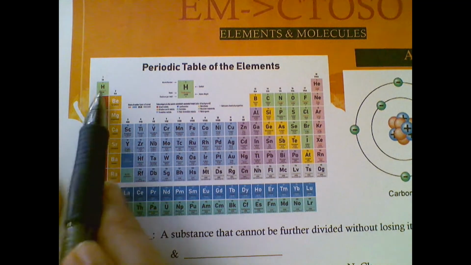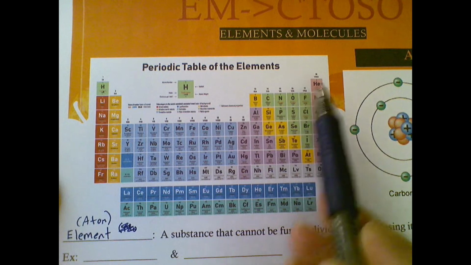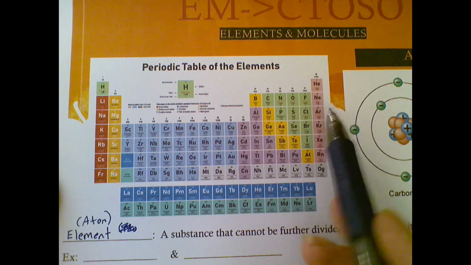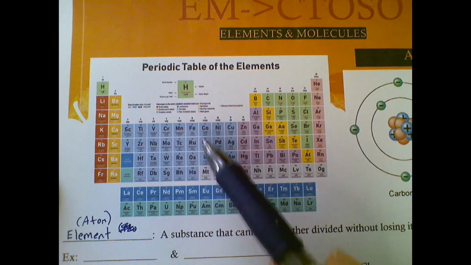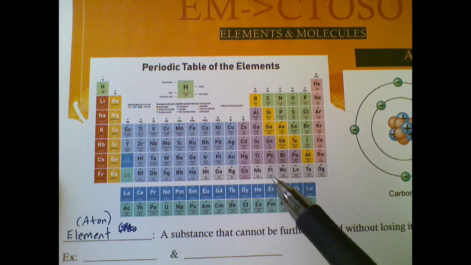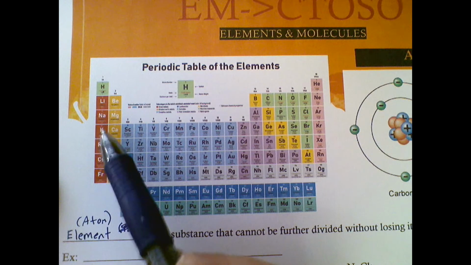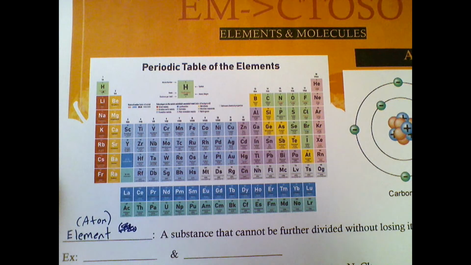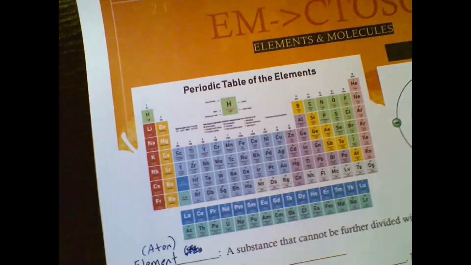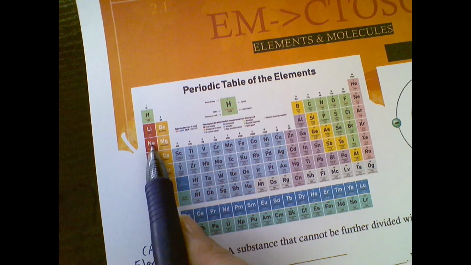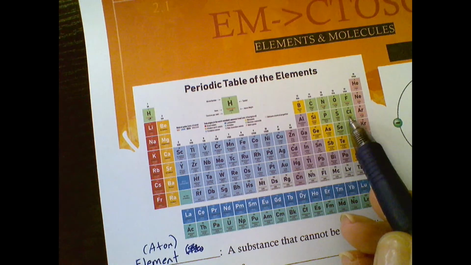You've heard of some of them: hydrogen, carbon, nitrogen, oxygen, helium, neon, argon. And then there are things like gold, iron, copper, all sorts of stuff in here. Sodium, potassium. Potassium is with a K. And for these atoms, I'm going to use the examples Na, that's sodium, and Cl, that is an element called chloride.